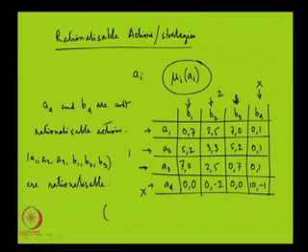So, let me write the sequence here. B3 is being played because player 2 believes that player 1 is going to play A3. Why is A3 being played, or what is the justification for player 2 to believe that player 1 is going to play A3? Well, player 1 can play A3 if player 1 believes player 2 is going to play B1, right. If B1 is played, then the best response for player 1 is to play A3.